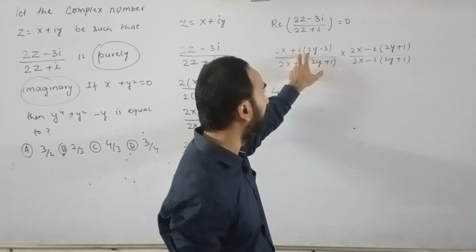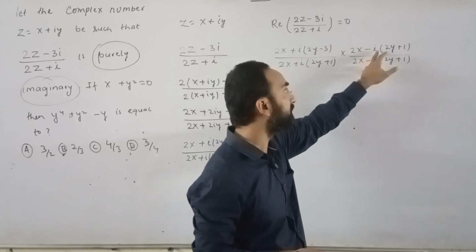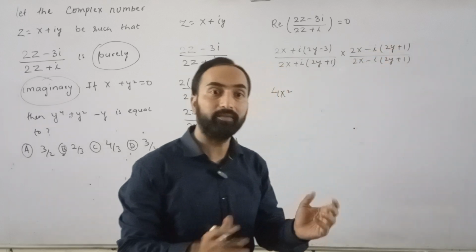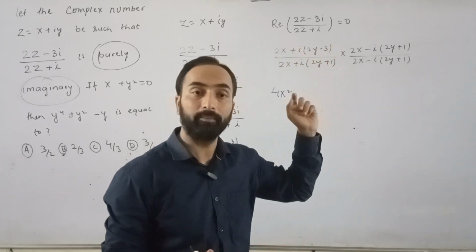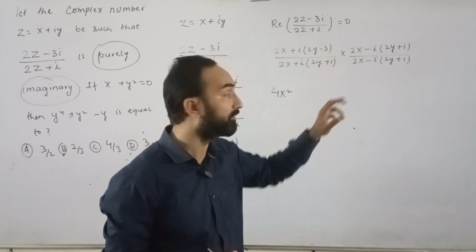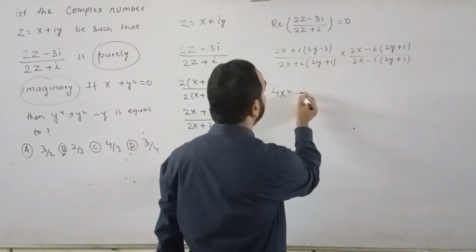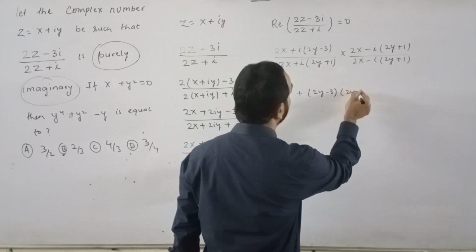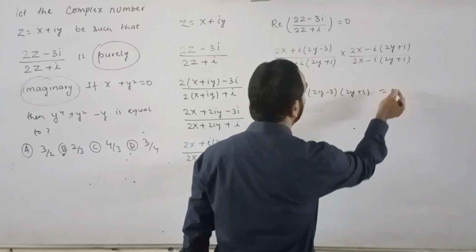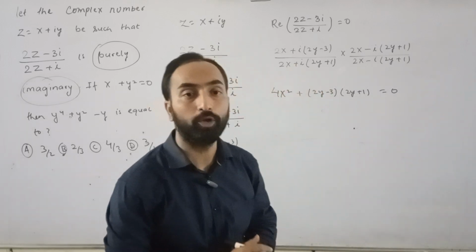When we multiply i(2y − 3) with −i(2y + 1), we get the real part: i into i becomes i², which is −1, and with the minus it becomes plus. So it becomes plus (2y − 3)(2y + 1), and that is equal to 0. We will not multiply the denominator side.